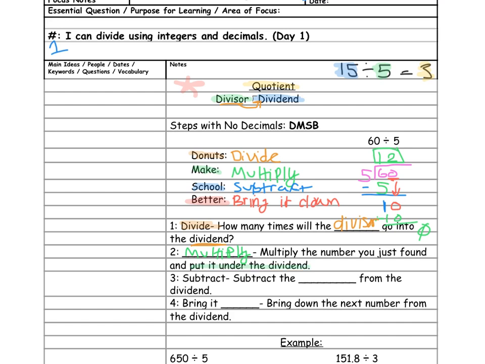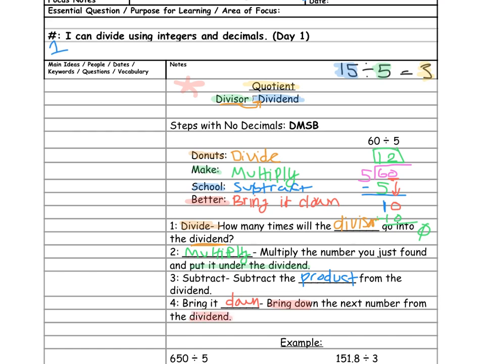Then our next step is to subtract, where we're subtracting the product from the dividend, and then we bring it down. So we are bringing down the next number or the next digit from the dividend.